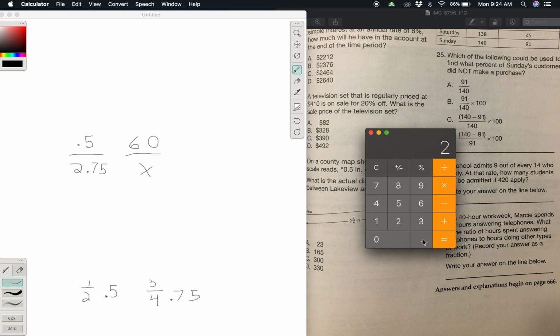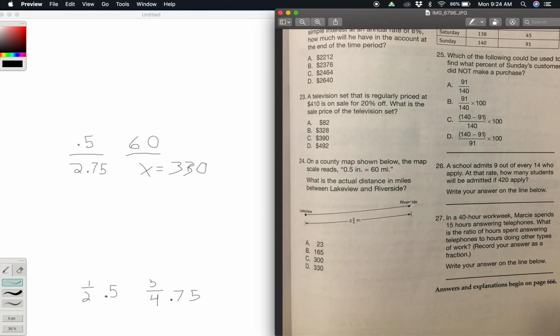So 2.75 times 60, then divide horizontally, divided by 0.5 equals 330. So it is 330 miles from Lakeview to Riverside. Okay, and your answer would be D there.